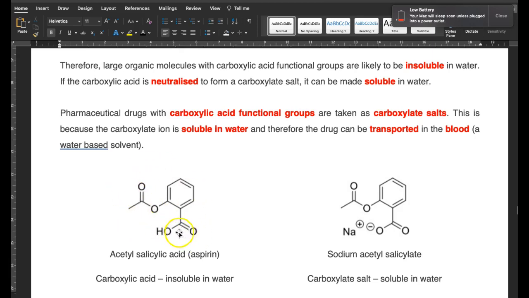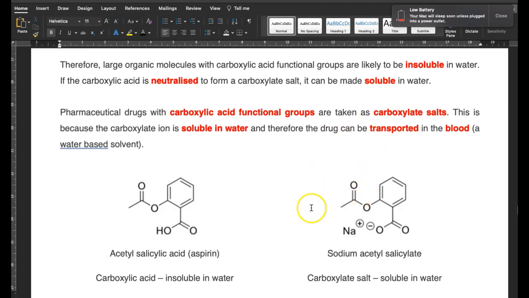There's a carboxylic acid group there. It's an ester group over there. That's insoluble in water. But when we have the exact same form as the salt, it's got this full charge here, so it can form ion-dipole interactions, and it's actually soluble. So when we have drugs that have carboxylic acid functional groups, we often take them as a carboxylate salt, because that ion will be soluble in water, and therefore the drug can be transported in the blood, which is really important.